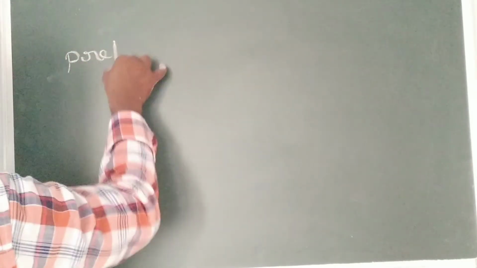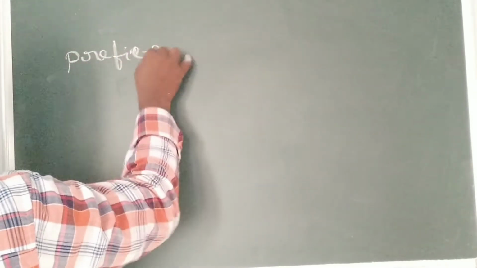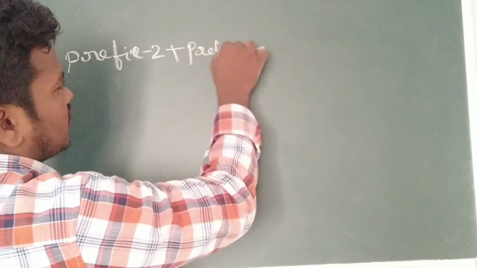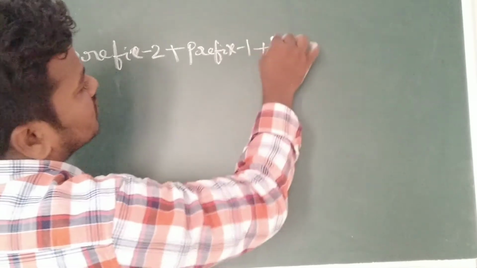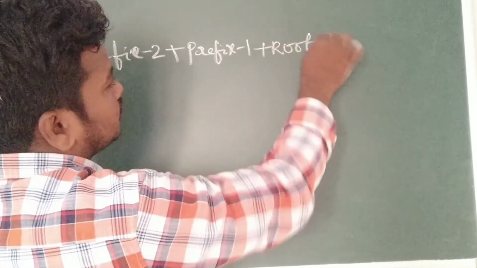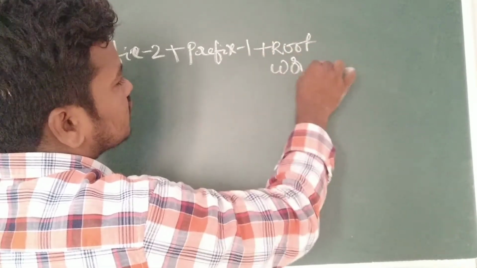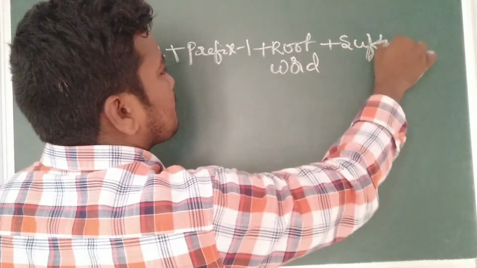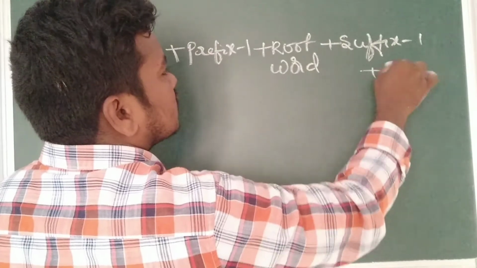So, IUPAC rules. In the IUPAC rules, in a given structure you can see prefix 2 plus prefix 1 plus root word, plus suffix 1 plus suffix 2.